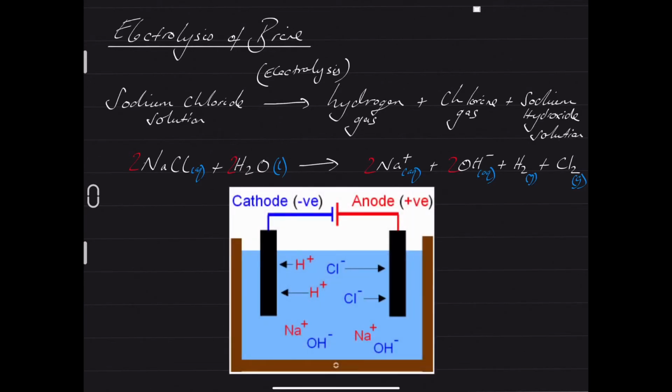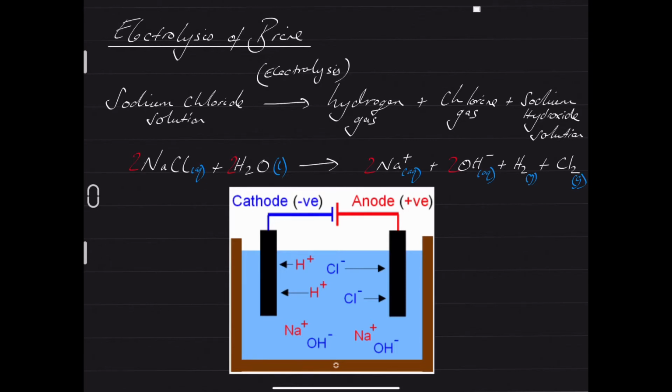Here you can see what is happening in the electrolysis cell for the various products that we have obtained. You can see where the hydrogen ions are migrating towards and you can see where the chlorine ions are migrating. And also you should note what's happening to the sodium and the hydroxide ions. They're not interacting with the electrodes to produce any product.